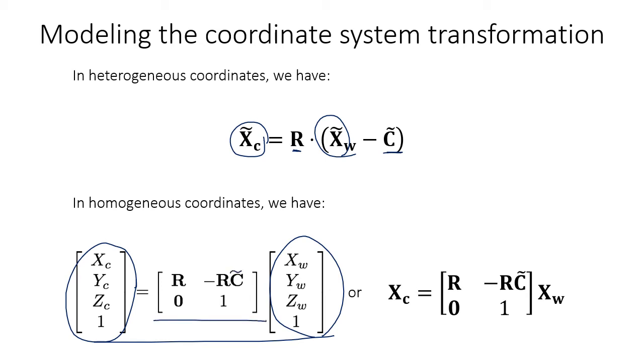There is some typo, it is C tilde, so we can write this in homogeneous coordinates. So the homogeneous coordinate of the 3D point in camera coordinates is this 4 by 4 matrix multiplied by the homogeneous coordinate in world coordinates.